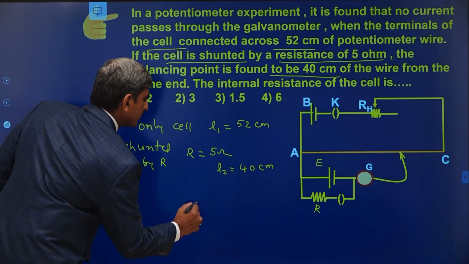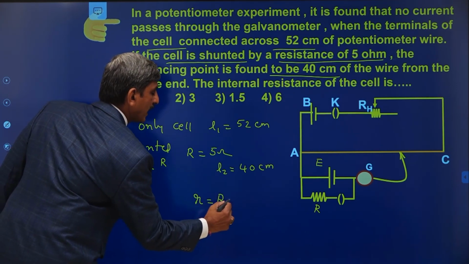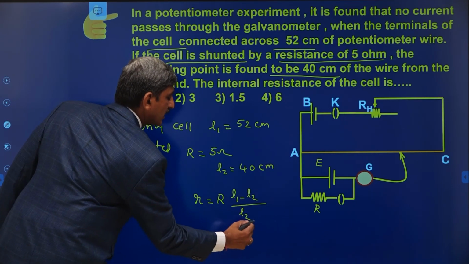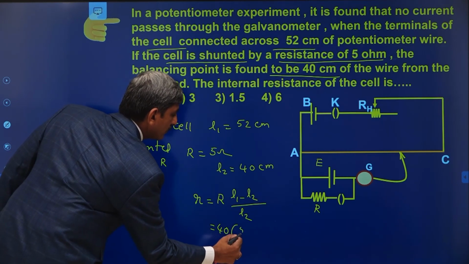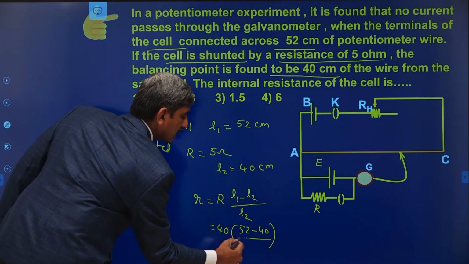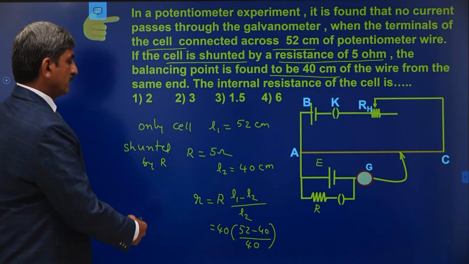So in the concepts we studied that the internal resistance of the cell r is equal to capital R into (L1 minus L2) divided by L2. This is equal to 5 into (52 minus 40) divided by 40.